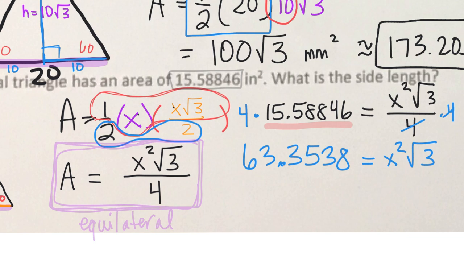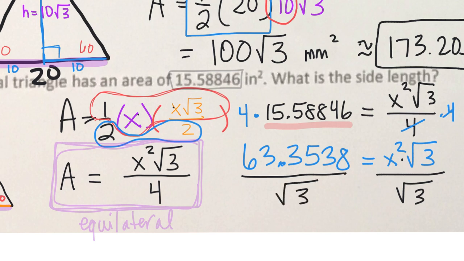Okay, what's our next step here? X squared times the square root of 3. What's our next step algebraically? Well, I guess I'll just tell you. Divide, right? This is a division problem because we have x squared times root 3. We're going to divide both sides by root 3.